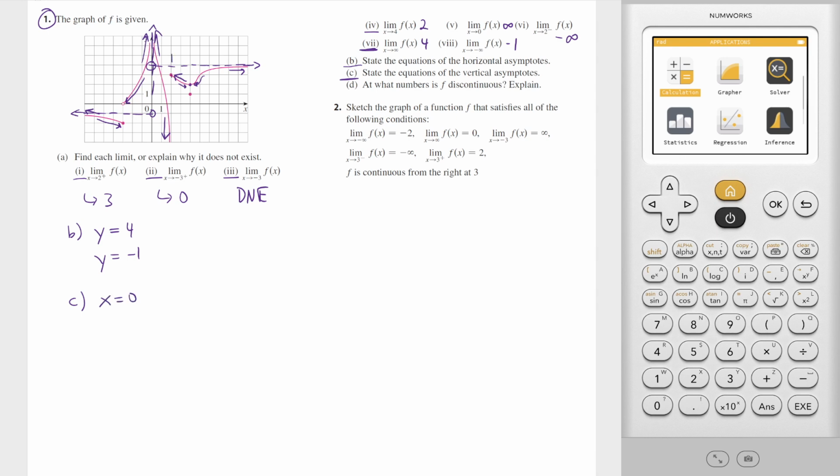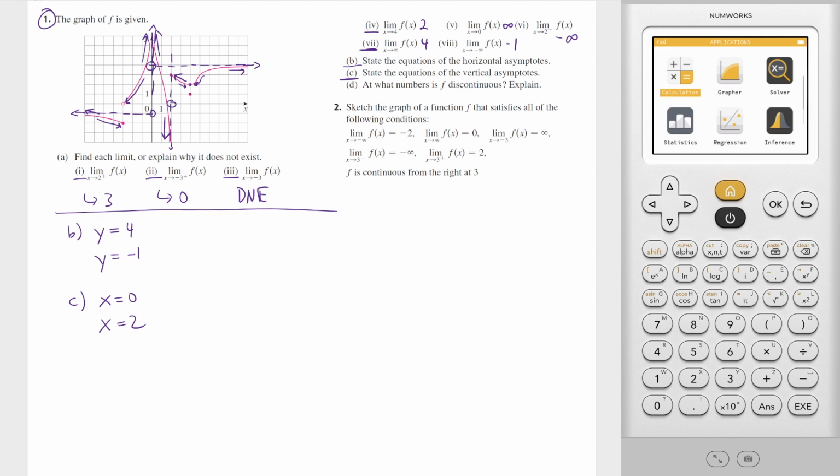And there's another one right over here that the function approaches from the left, and that is right here at x equals 2. So those are the vertical asymptotes.